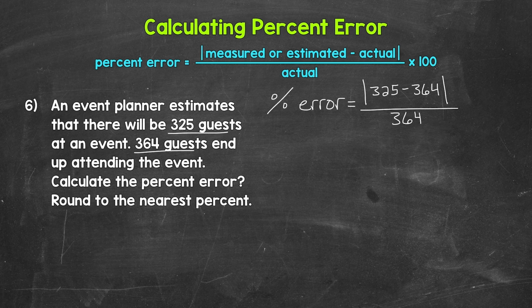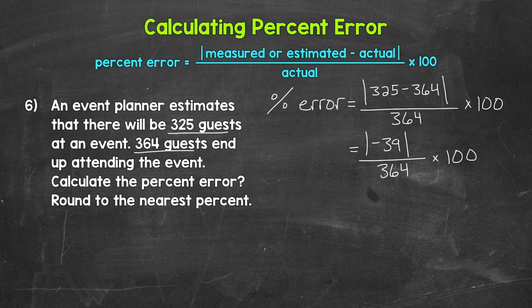So 364 times 100. Now we can work through this, starting with the subtraction. So 325 minus 364. That gives us negative 39 divided by 364 times 100.